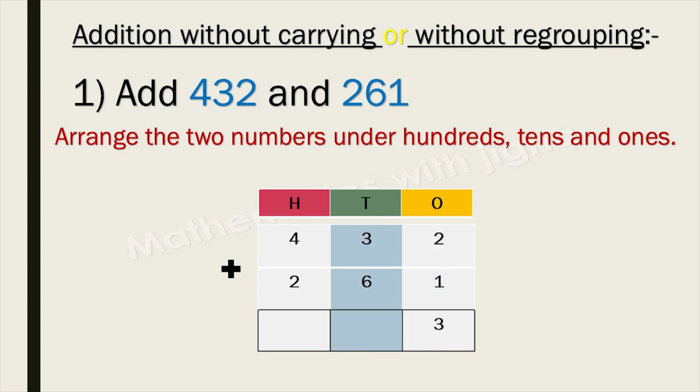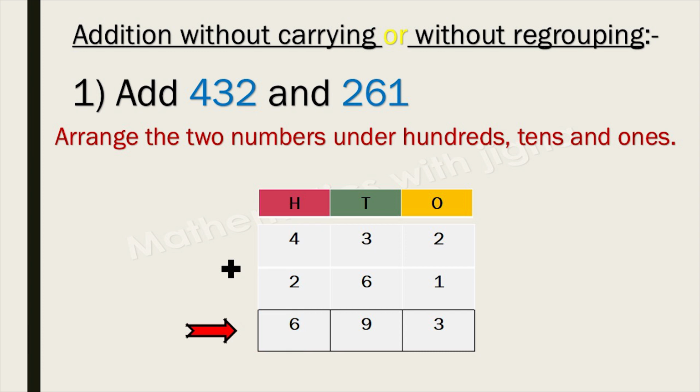Now add the numbers in the tens column. 3 and 6, we get 9, which we write in the tens column. And finally, we add the numbers in the hundreds column. 4 and 2, and we get 6, which we write in the hundreds column or hundreds place.